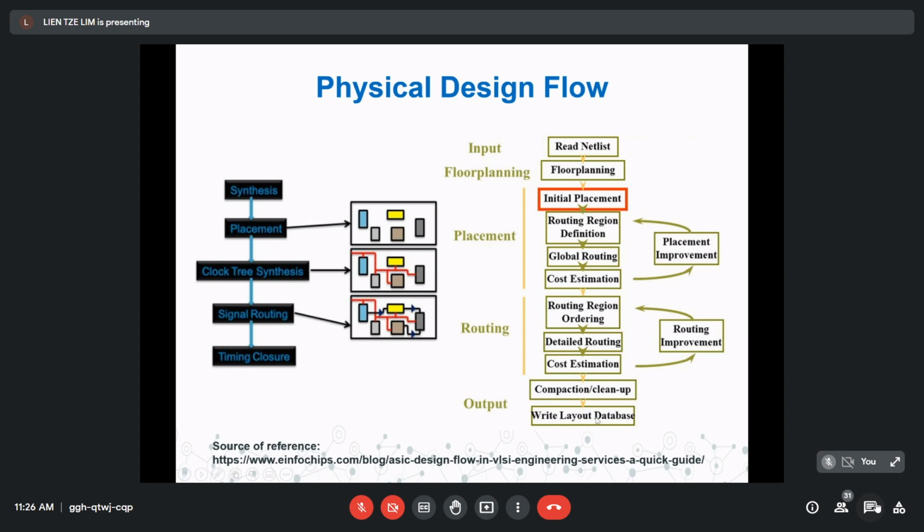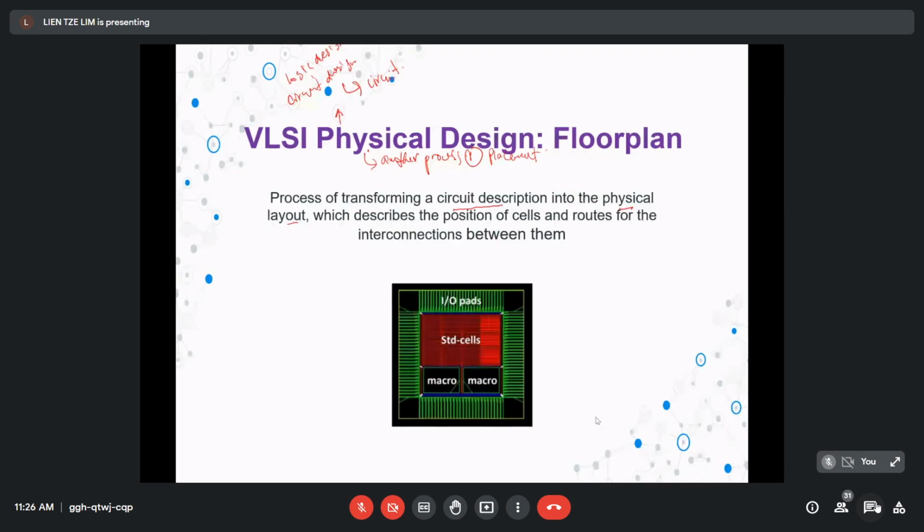Later, this Wednesday, I will cover further about placement and routing in floor plan. Floor plan is about the floor plan of the chip.